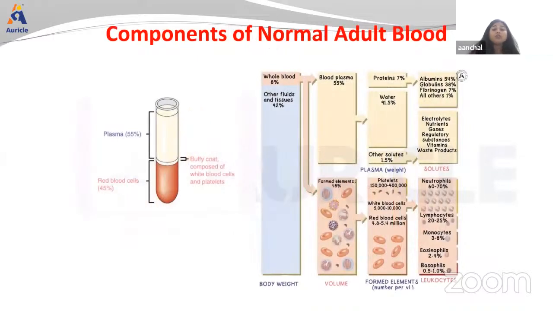Okay, so as we know, the normal components of blood, in which we have whole blood 8%, and other fluid and tissue 92%. The blood plasma is 55%, and formed elements are 45%. So in proteins, as we are discussing, we have major proteins: albumin, globulin, fibrinogen, and other 1%.